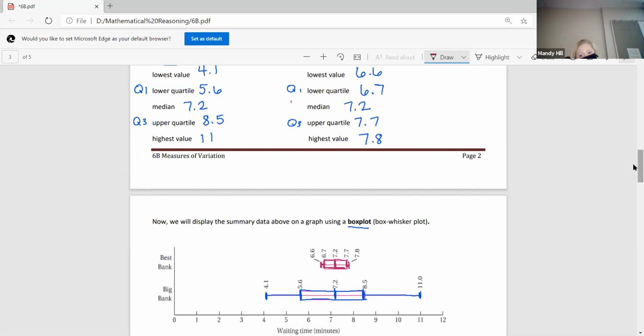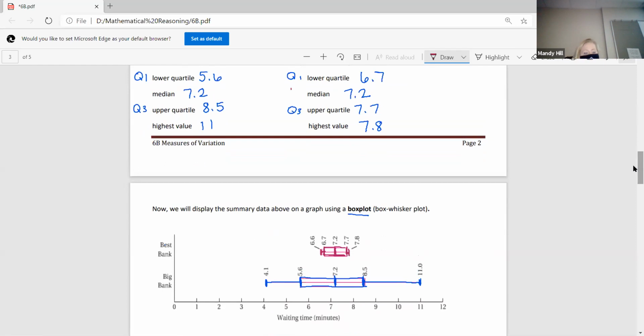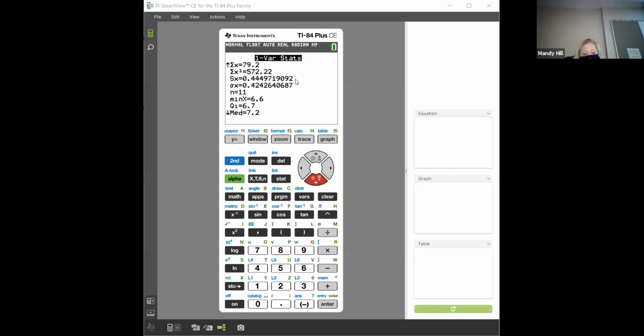So how do we get these numbers on the calculator? I've already got the stuff there because we already typed in the numbers. If we go back to our calculator, let me clear this out and start over. Second quit, second mode, to get out of that screen.